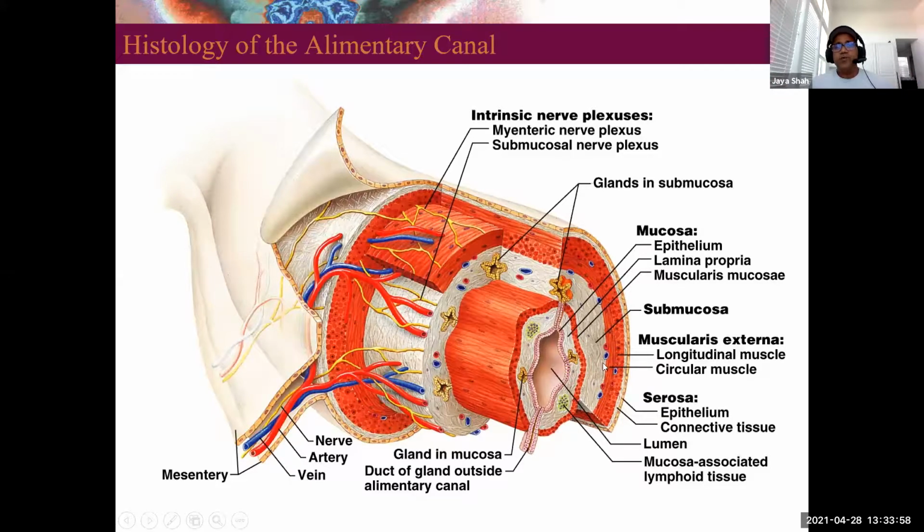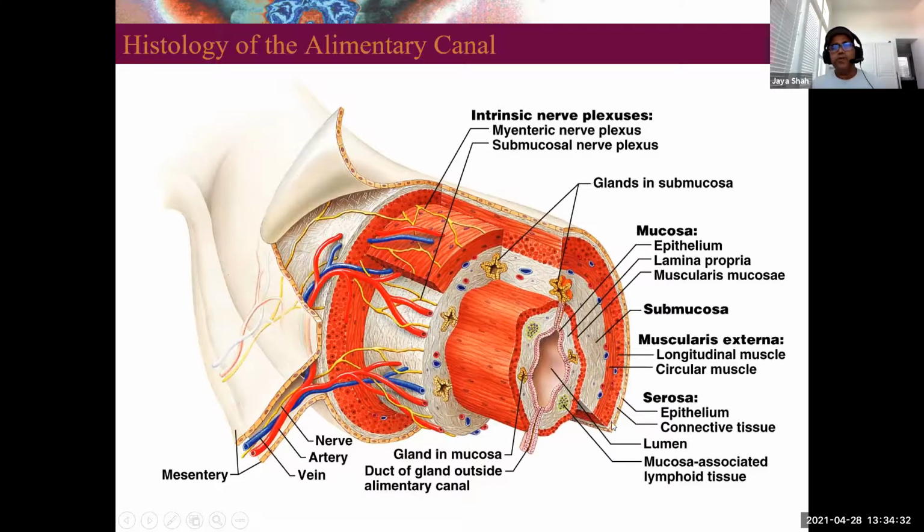This submucosa contains a lot of blood vessels, some mucosal glands, and this gives the route for a lot of nerves, arteries, veins and lymphatic vessels to reach the GI tract wall. Okay, so that is the submucosa. Submucosa has a lot of glands which produce mucus and some enzymes.